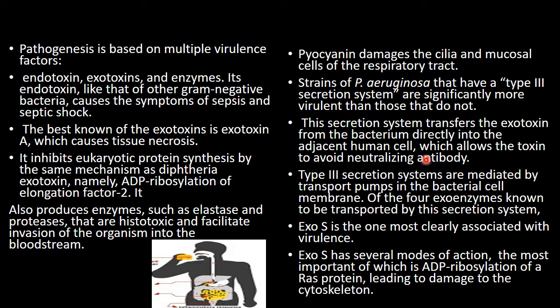The type 3 secretion system is mediated by transport pumps in the bacterial cell membrane. It has a structure called the injectosome, just like an injection, so it directly transfers the exotoxin into the body. In this way the toxin is protected from antibody, or is not neutralized, so it causes infection.